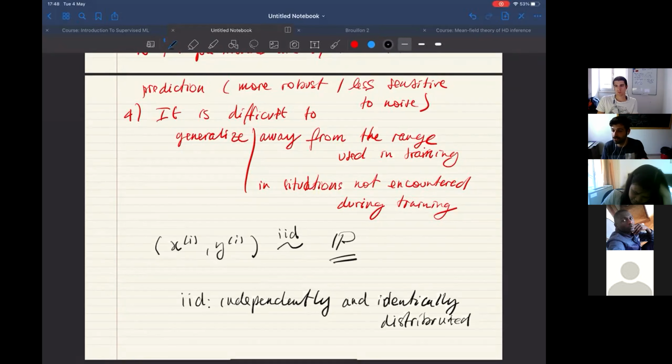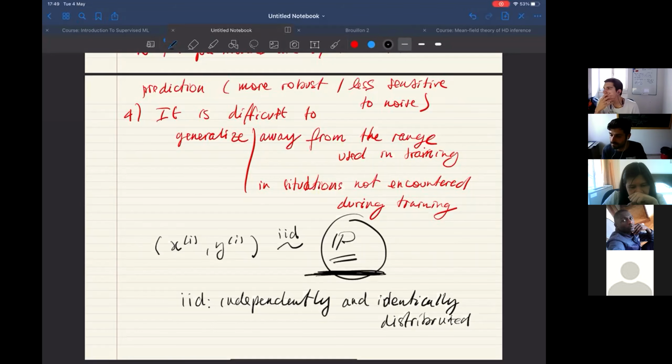And therefore, what you hope is that in the training data, there is information about this unknown process, which you will be able to capture, and that will allow you to predict what happens for new points that are also generated from the same process. Okay, it makes sense. Thank you.